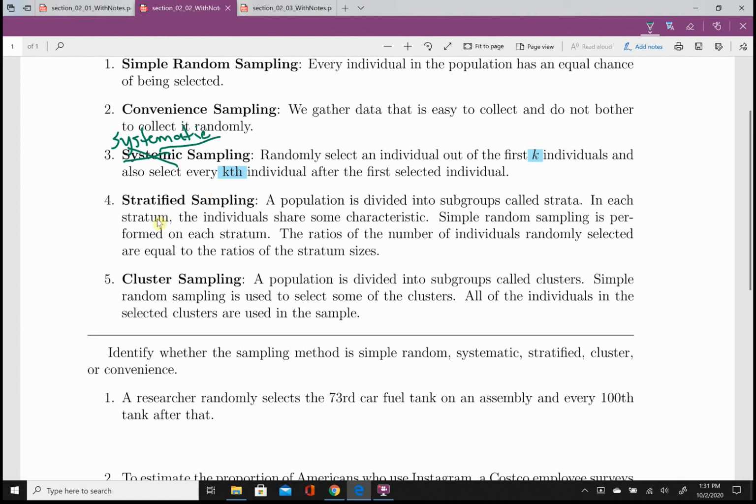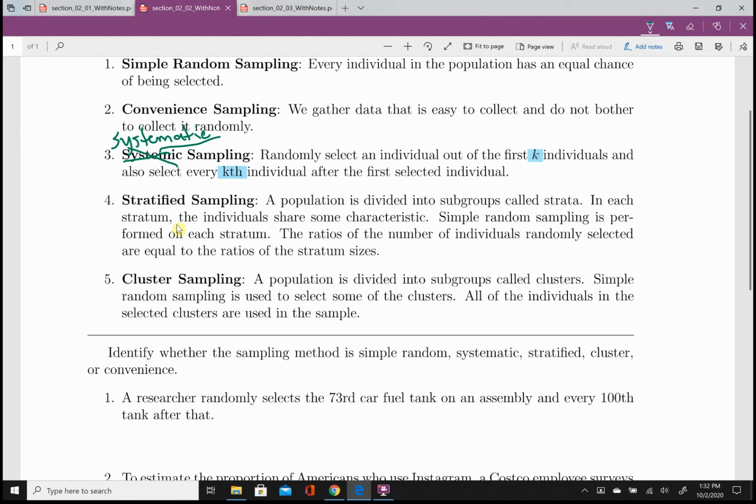Let's go ahead and talk about stratified sampling. That's when a population is divided into subgroups called strata. Very fun word right there. In each stratum, which is the singular of strata, the individuals share some characteristic. Some random sampling is performed on each stratum, and the ratios of the number of individuals randomly selected are equal to the ratios of the stratum sizes.